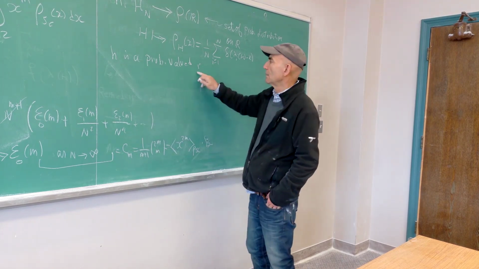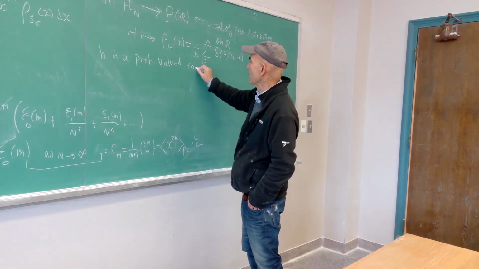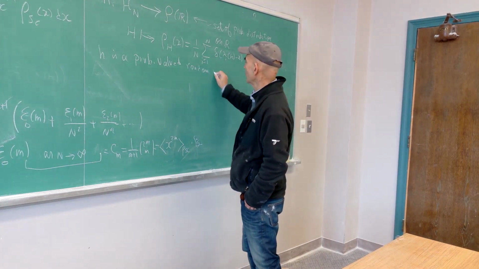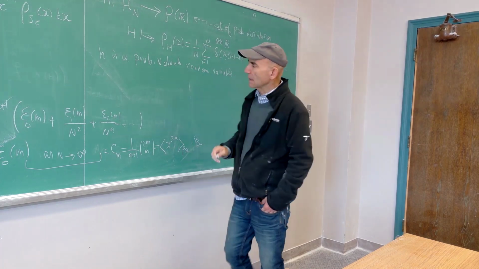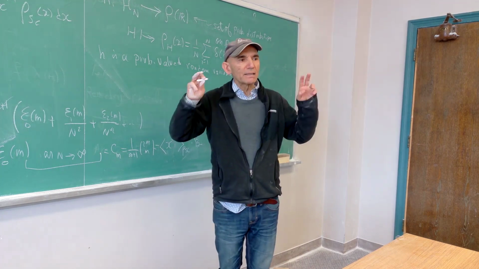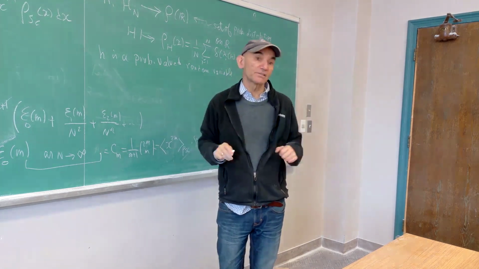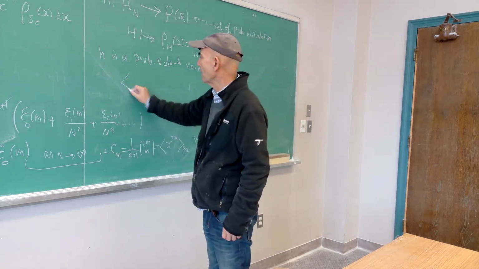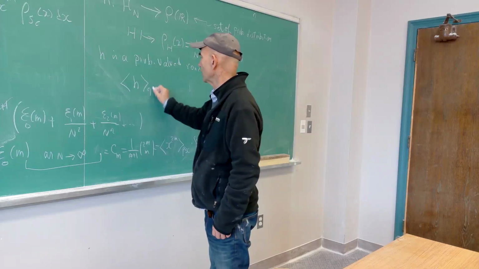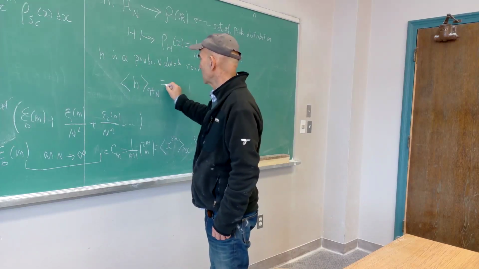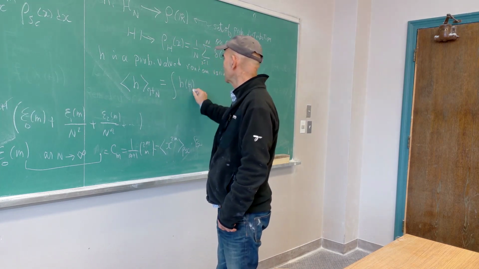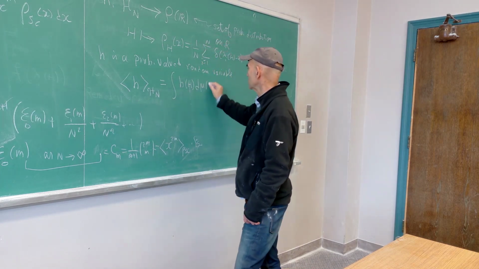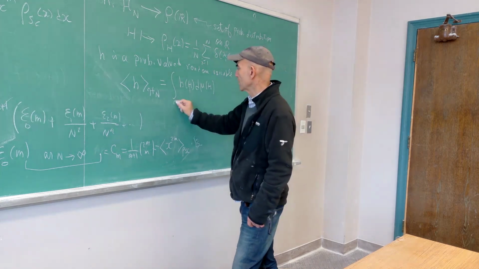This is fun. And there is a sense that we can actually find the average value of this random variable. So the average of H over Hn, we can just write as the integral of H of H d mu of H over Hn.